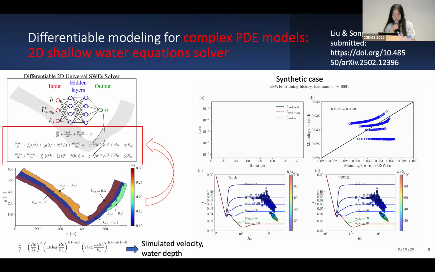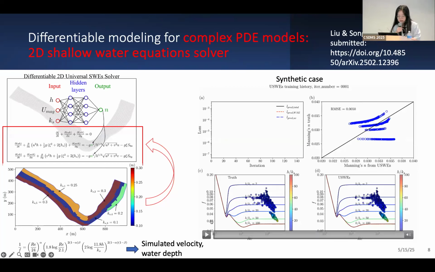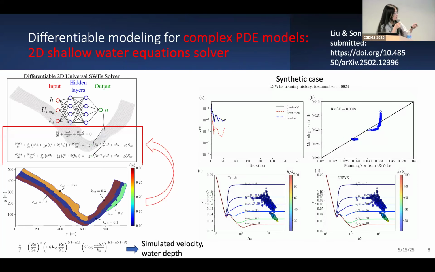So here is a result. Let me show the animation here. With the decrease of the loss, we can see the Manning coefficient predicted by the neural network is identical to the one from the empirical formula. That means this neural network can reconstruct the relationship we prescribed in the numerical simulation.